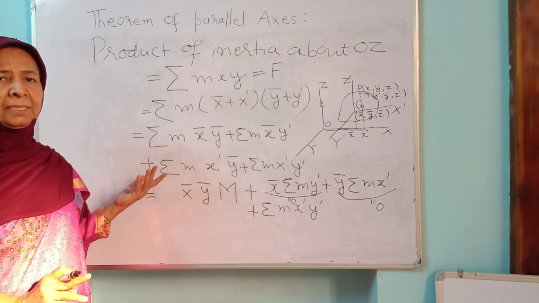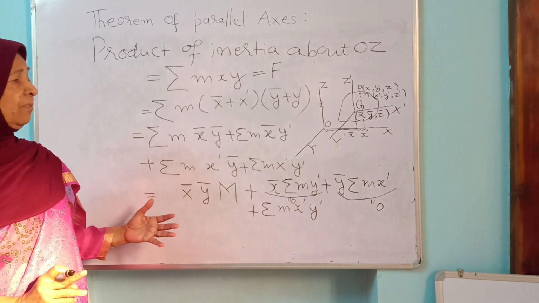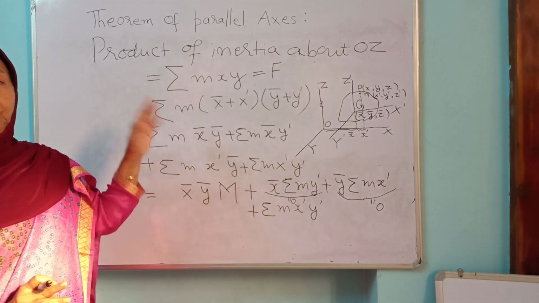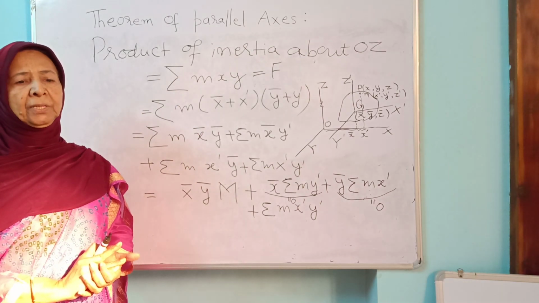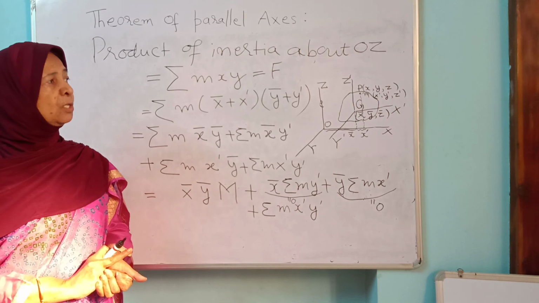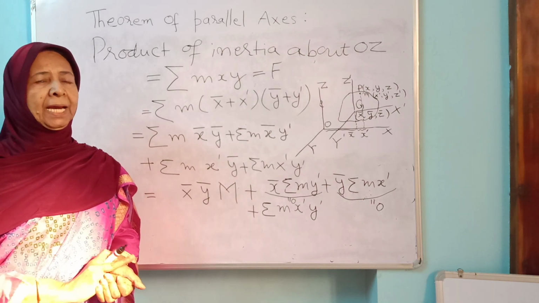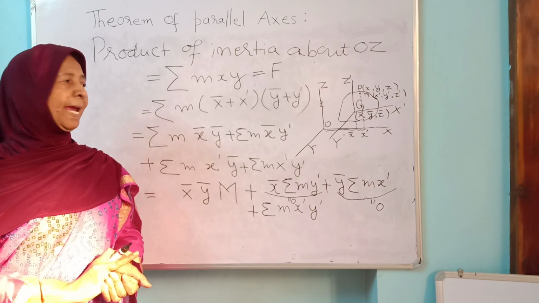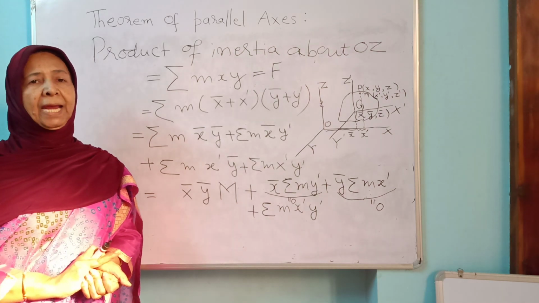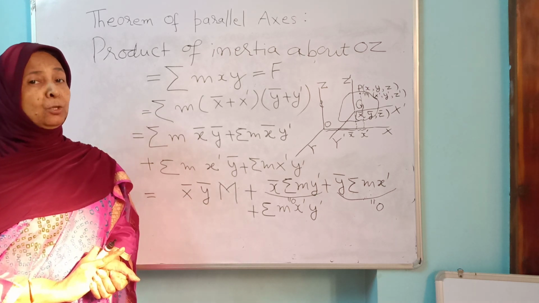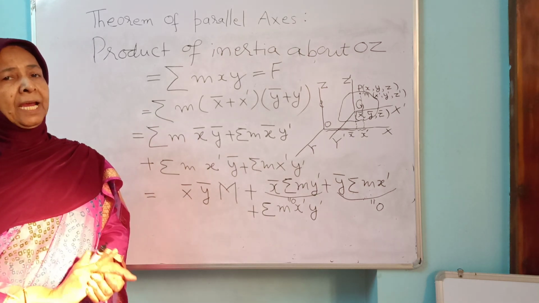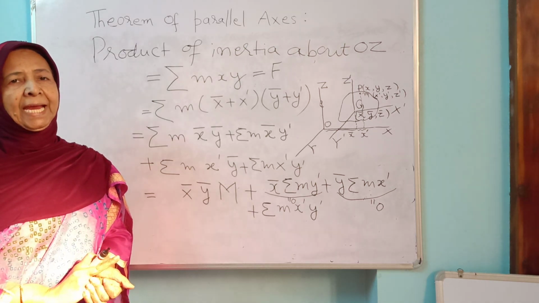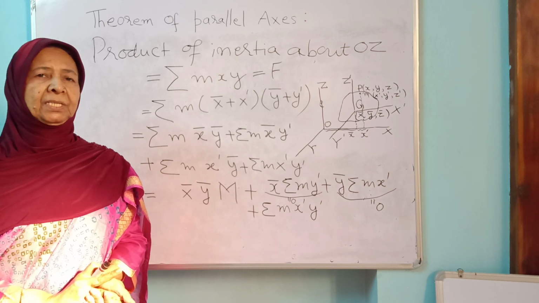So you can just state that similarly we can find the moments of inertia of the rigid body about the three parallel axes OX, OY and OZ, and the products of inertia about the axes OX, OY and OZ, by knowing the moments and products of inertia about gx dash, gy dash and gz dash.